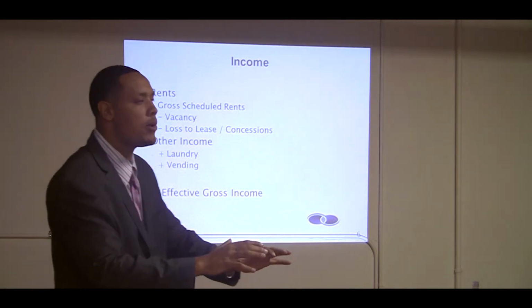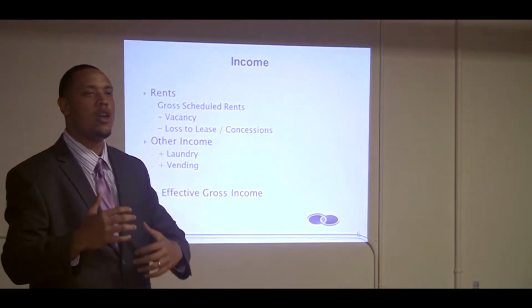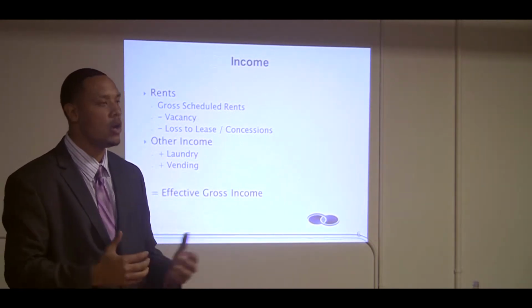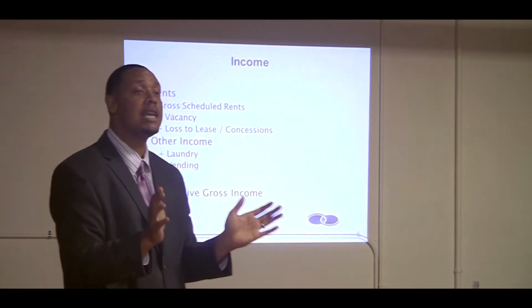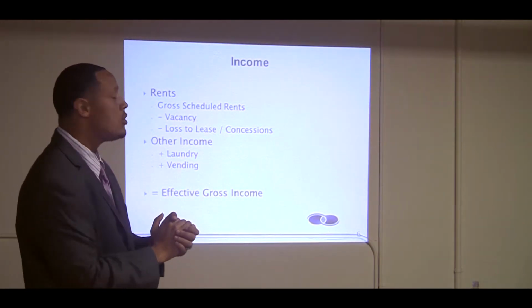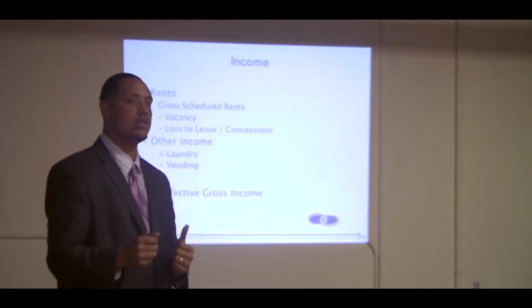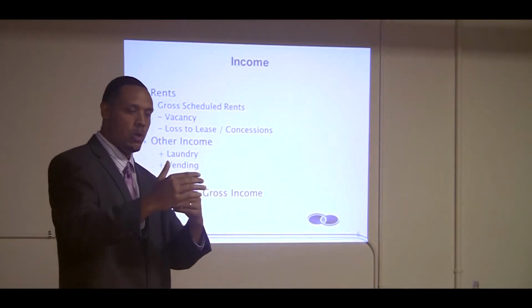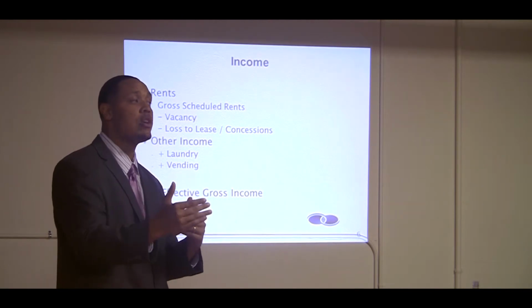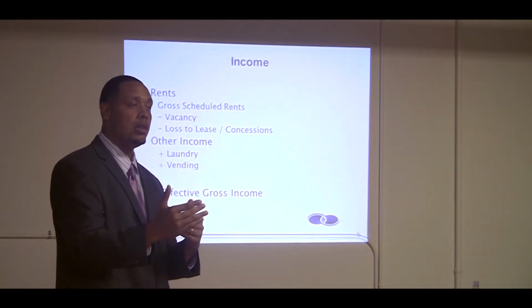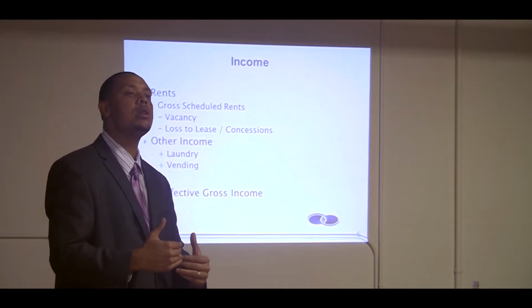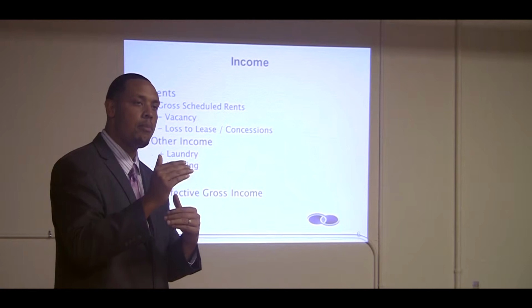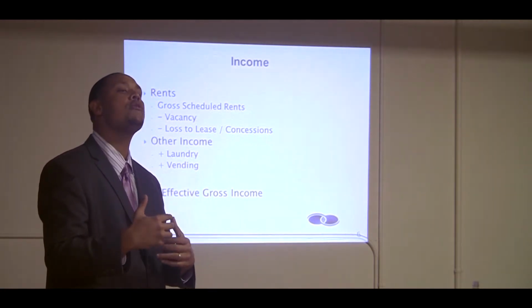All right, let's start with the income. When we're looking at a property, the first thing we want to do is evaluate the income. We want to get to that cash flow and evaluate the NOI details. So let's start with the top. First thing is income. We start with our gross scheduled rents. We get there by taking our rent roll and looking at what if every unit in our apartment complex paid rent, all of them, and all of them were occupied.